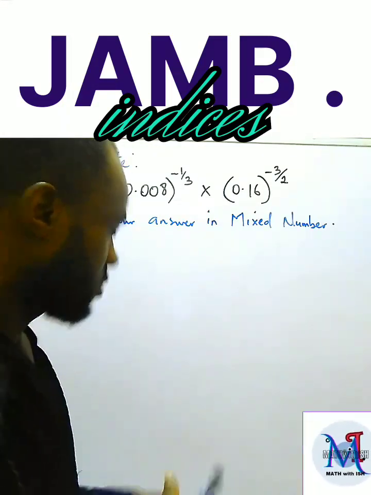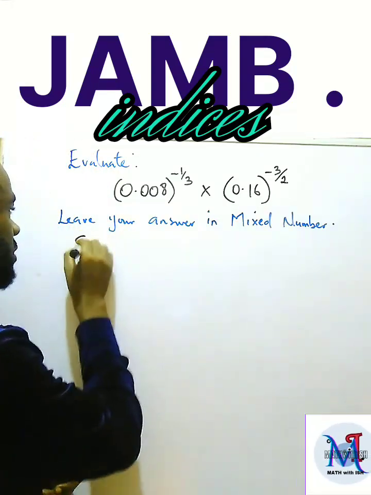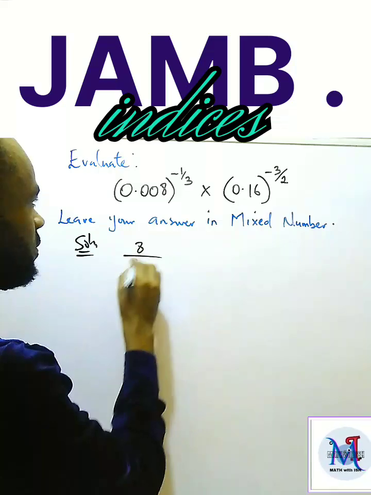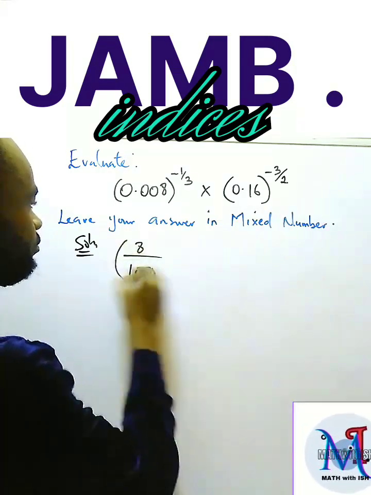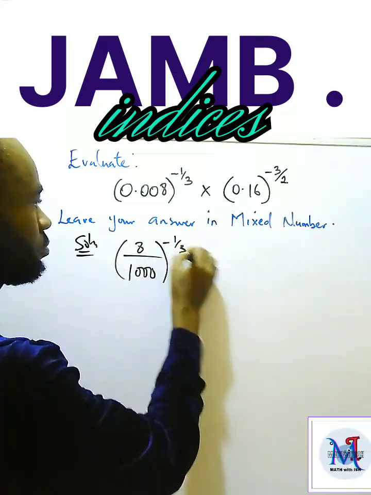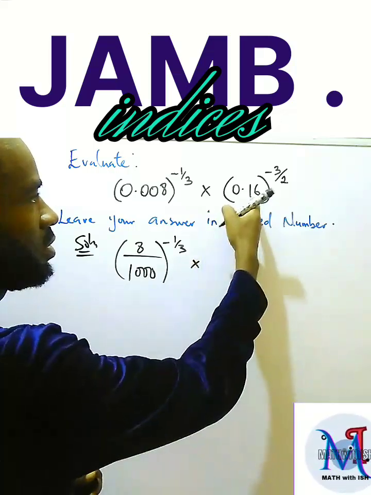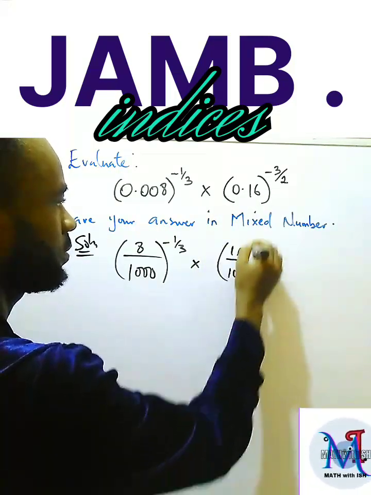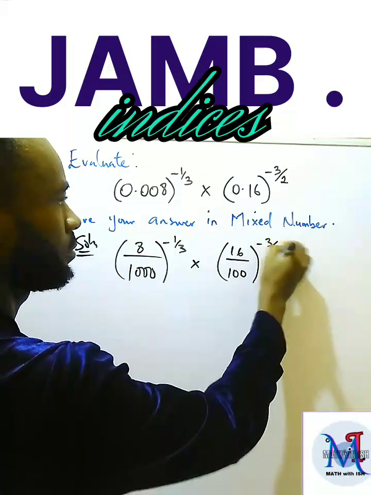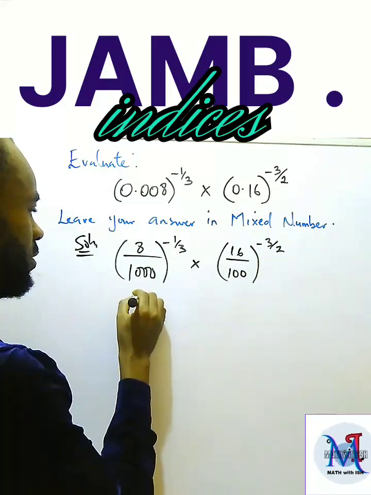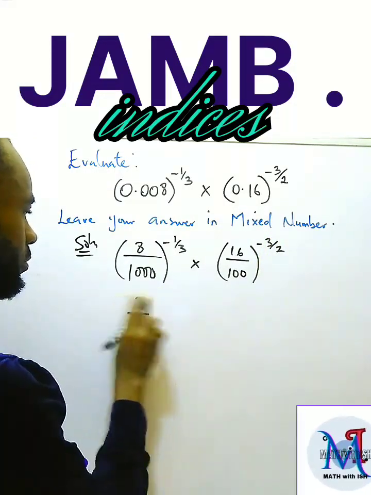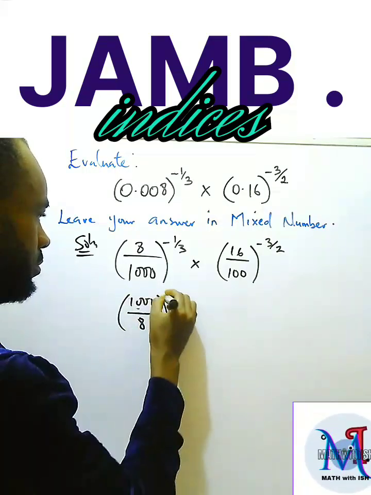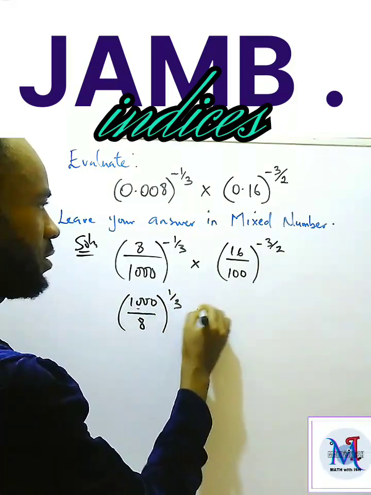Okay, so I'm going to solve this by our solution now. This becomes 8 over 1000. This becomes 16 over 100. Now this becomes 1000 over 8, 1 over 3.